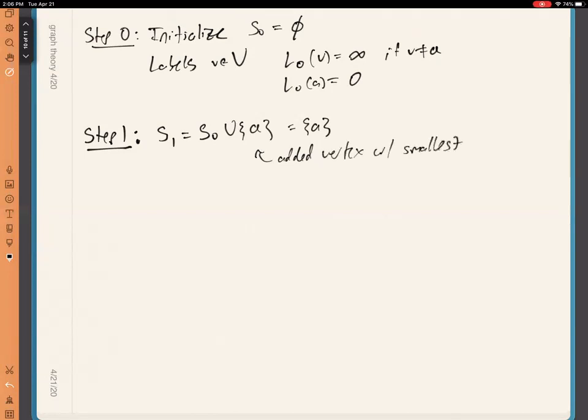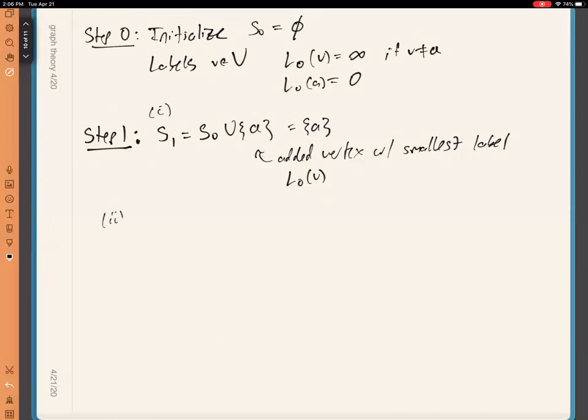Right, in the previous step, every vertex except A had label infinity, so A had the smallest label. And this is how the algorithm will work in future steps. Right. And so this is the first part where we update the set S.